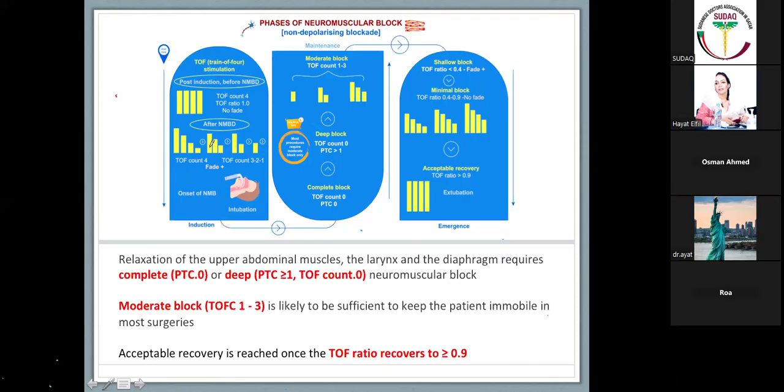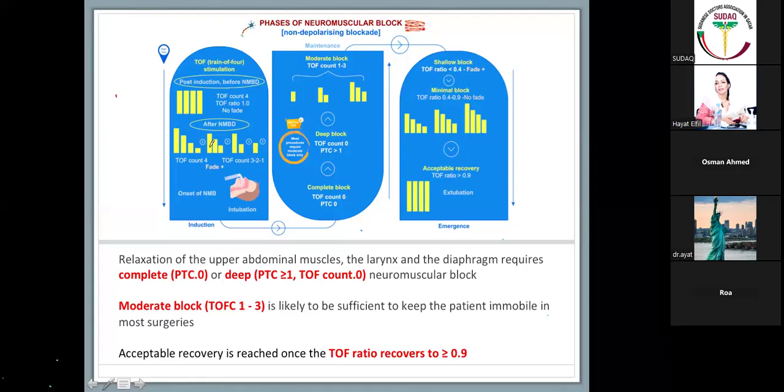Then once you give the non-depolarizing muscle relaxant, the count will progress from 4, but T4 becomes much smaller, shorter compared to T1. Then you will lose T4, and then you might lose T4 and T3, and you will remain with 1. And this will go with fade as well.